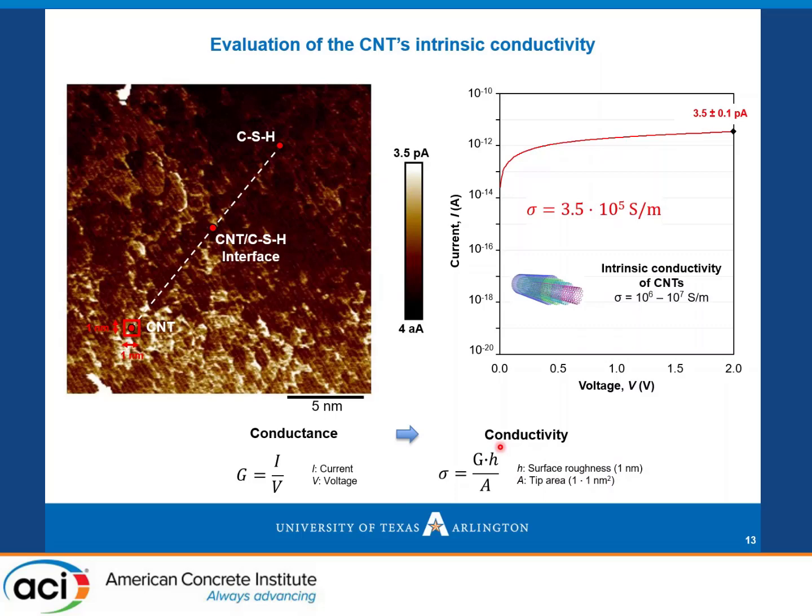And actually we are talking about an average value because we evaluated the conductivity in many spots in that area. So, by calculating the conductivity, we found the value 3.5 times 10 to the power of 5 Siemens per meter.